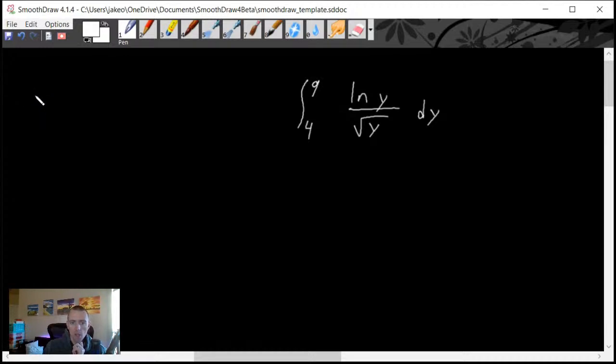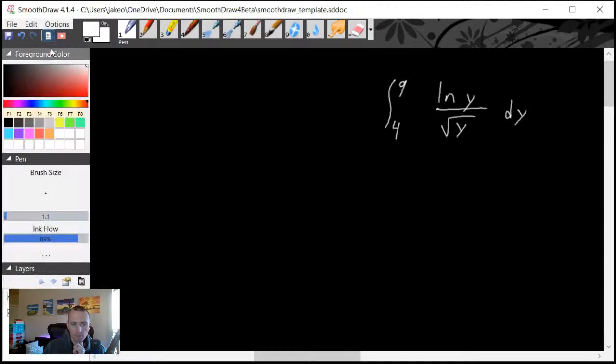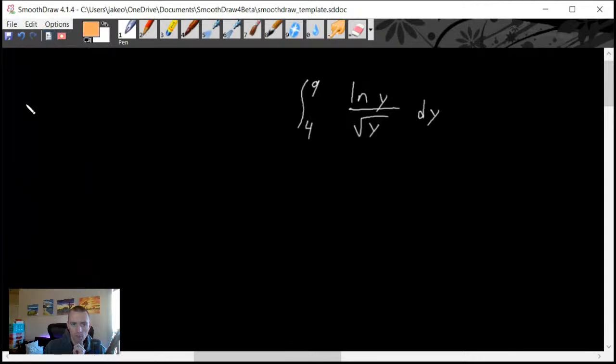So basically, what that formula tells us is if we have the integral from a to b of u times dv, this can be rewritten as u times v evaluated from a to b minus the integral from a to b of v du.